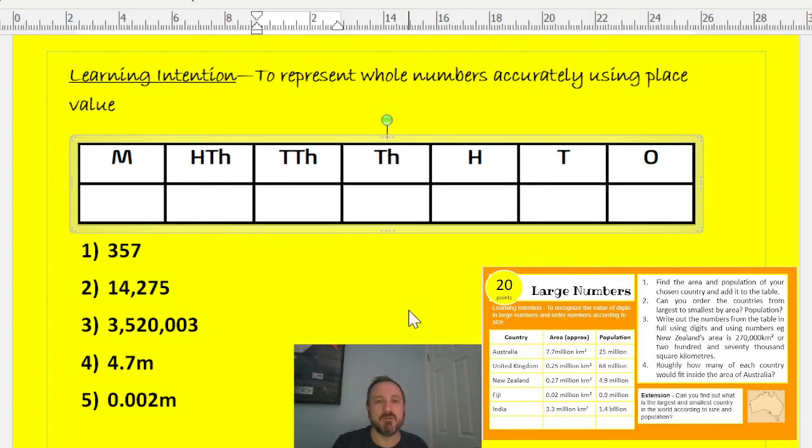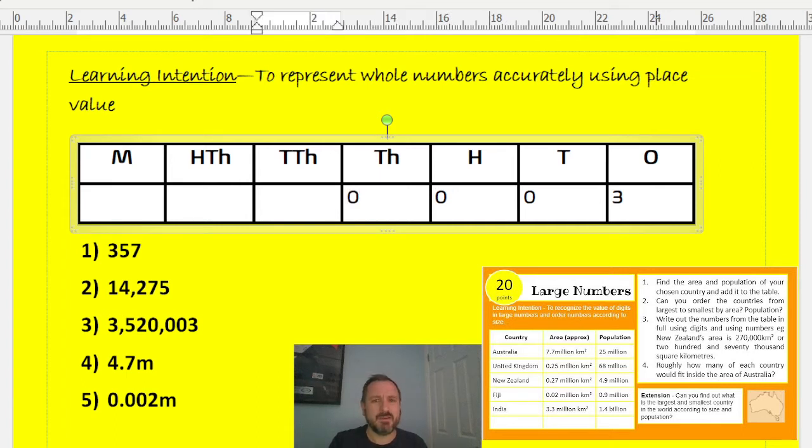Okay, so this one's much trickier, much bigger number, and we've got 7 digits, but again we can just transfer those directly across. We've got to make sure we transfer the zeros though, so we can read this number. It's 3,520,003. So the 3 would go in the ones column. We have 0 tens, we have 0 hundreds, we even have 0 thousands.